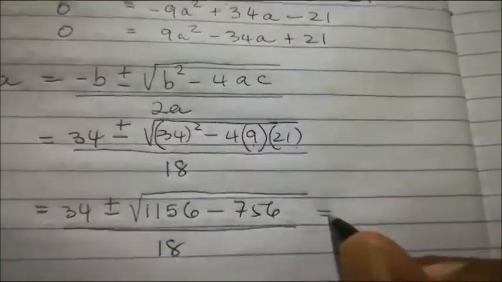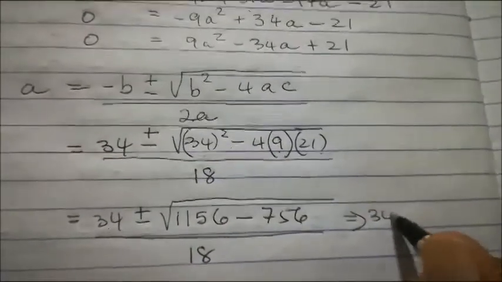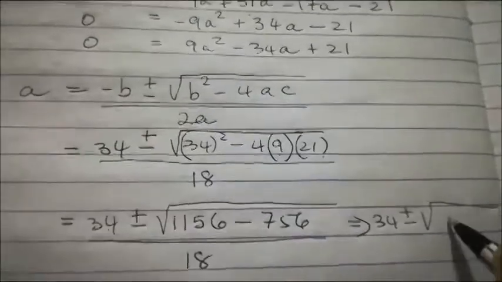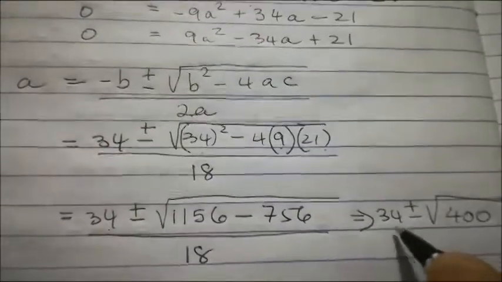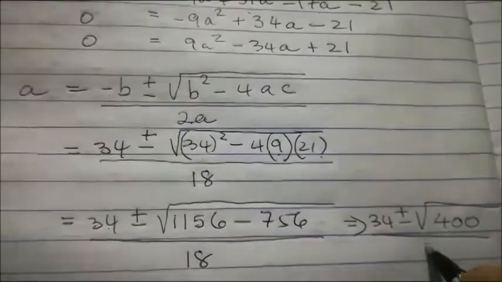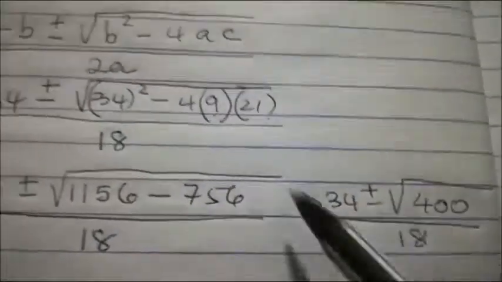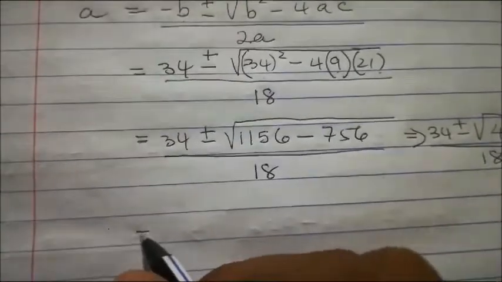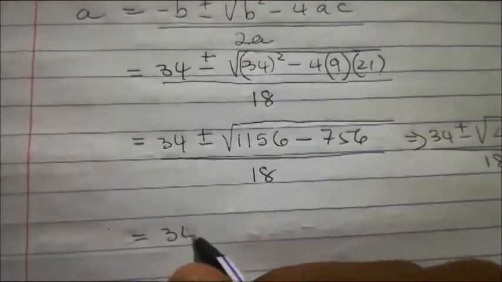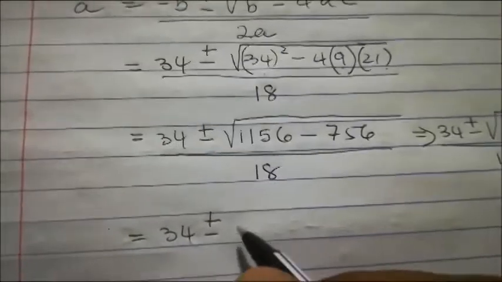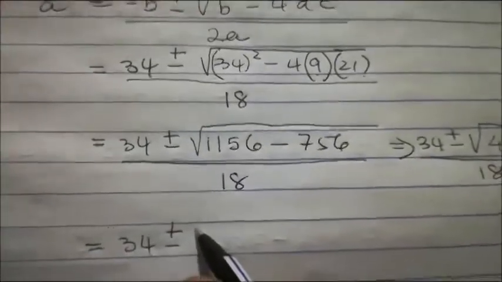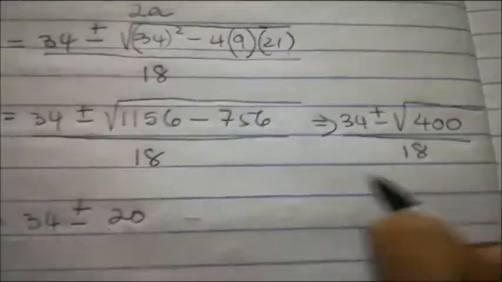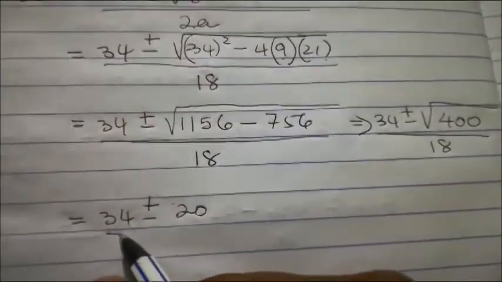This is going to boil down to 34 plus or minus the square root of 400 over 18. Right? When you subtract, you're going to get 400. And this is going to equal 34 plus or minus 20, because the square root of 400 is 20, and everything is going to be over 18.